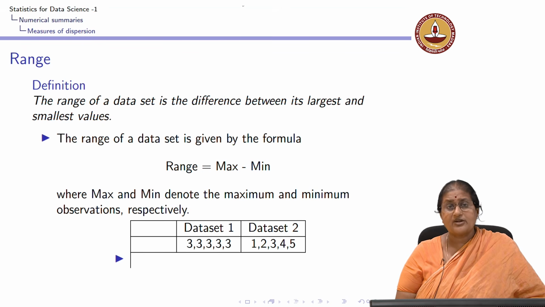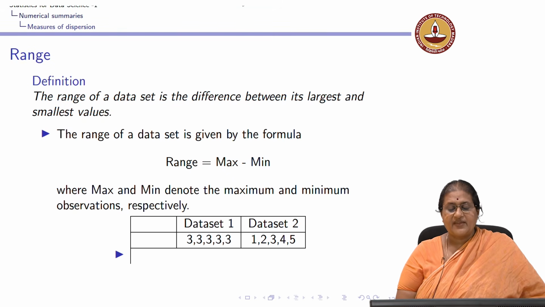Let's go back to the two data sets we have. The first data set was 3, 3, 3, 3, 3. The second data set was 1, 2, 3, 4, 5. The maximum of the first data set is 3 because I have only one data value in that. The maximum of the second data set is 5.